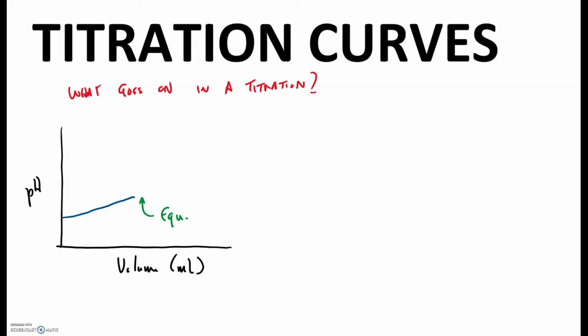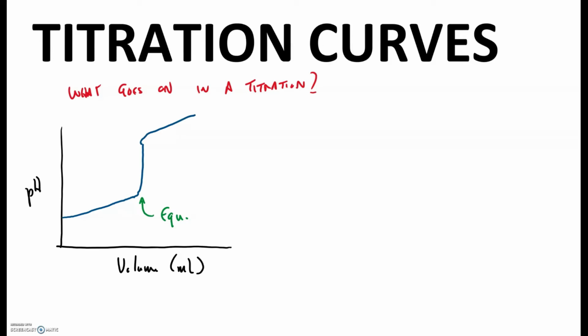In a pH curve, a titration curve, there's now no more acid left, so the pH begins to jump all the way to the basic side, and that's what a titration curve looks like. And I want to show you how we do this.